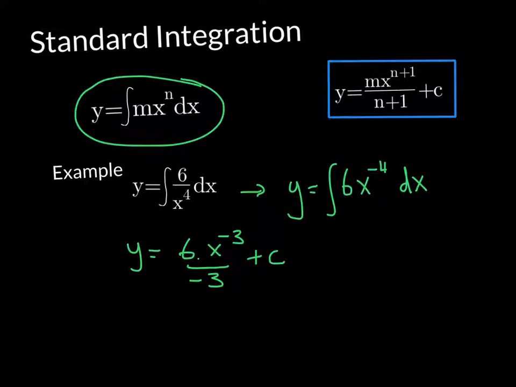So if we tidy that up, essentially what we can write is that y is equal to minus 2 divided by x to the power of 3 plus c. So we take our negative power on the top line down to the bottom line because we like to have positive powers in our final answer.